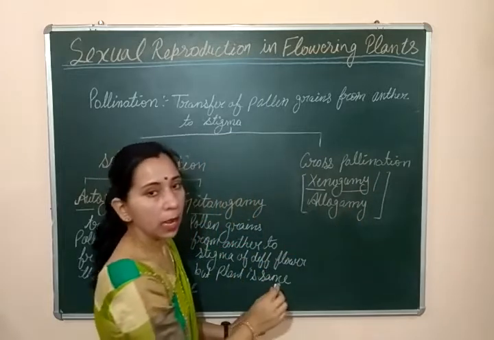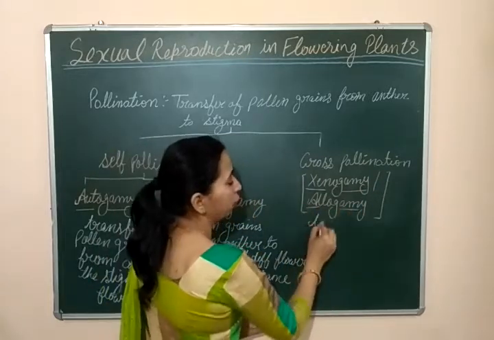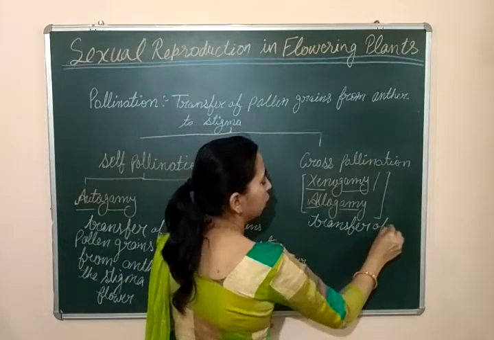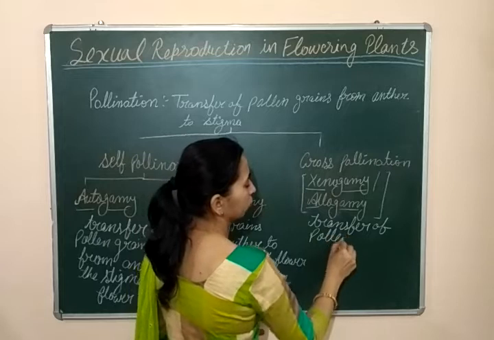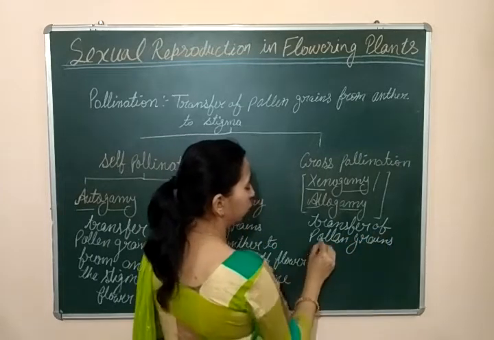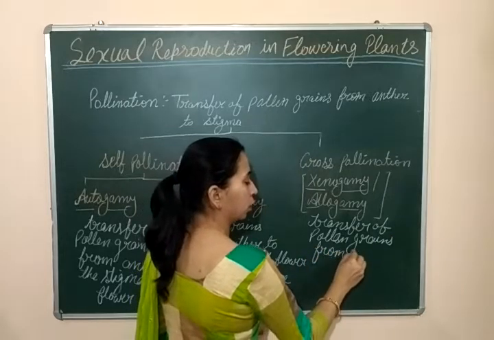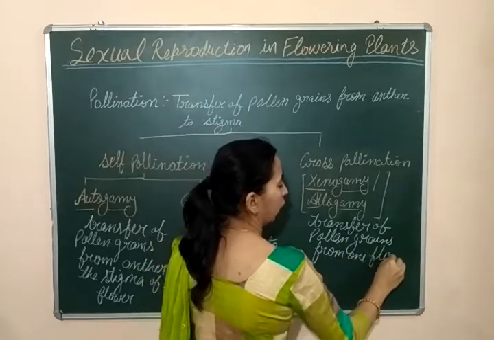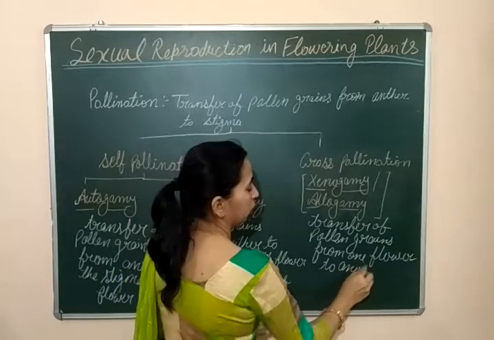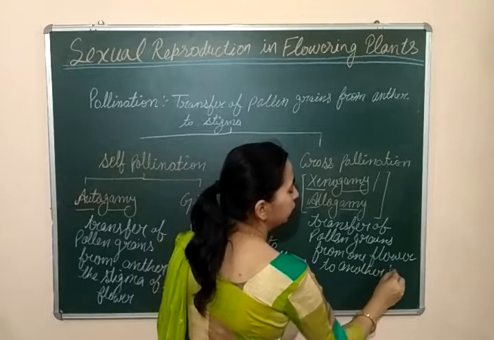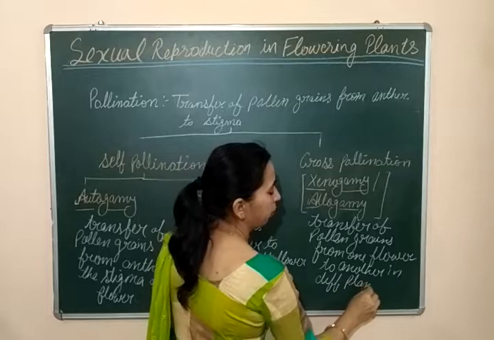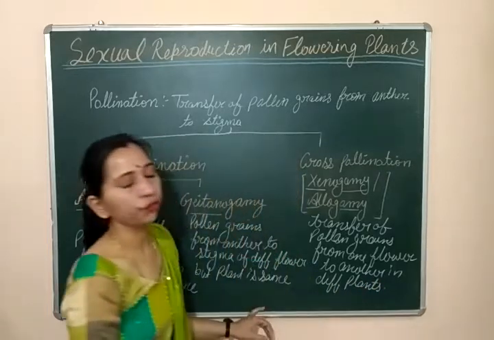Xenogamy or allogamy is the transfer of pollen grains from one flower to another in different plants. So these are the types of cross-pollination.